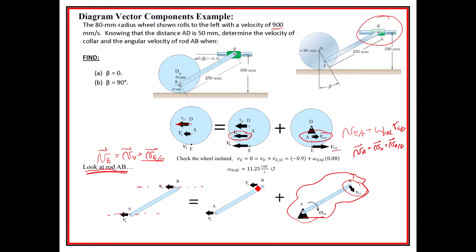A doesn't have a vertical component. Therefore, the only way that this can be true is if the link AB, the rod AB, does not rotate. So that's the conclusion. The rotation is 0.